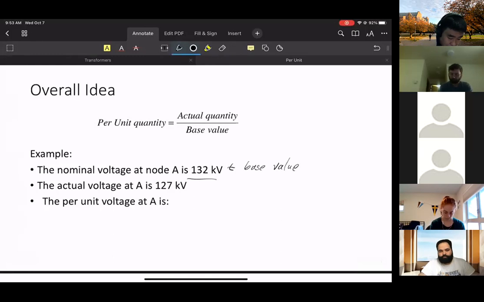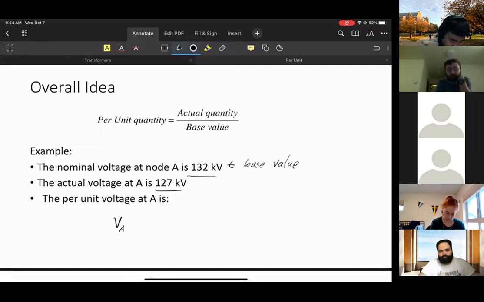And I go measure the voltage, and it's a little bit different, 127 kV. So we want to talk about this in a unitless setting. What we can do is say the per unit value is the actual value divided by the nominal value, or the base value I have.